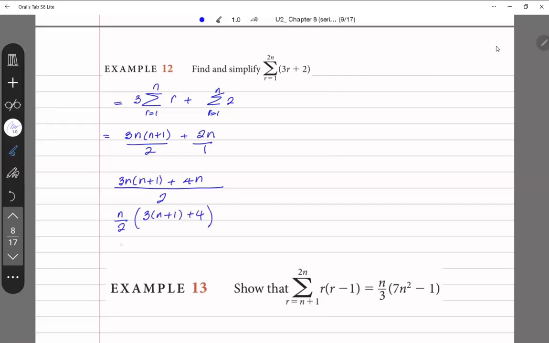And then now this becomes n over 2, distributive law. We have 3n plus 3 plus 4. This is n over 2 into 3n plus 7.